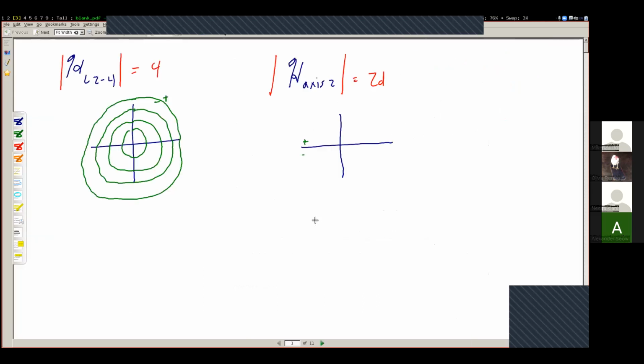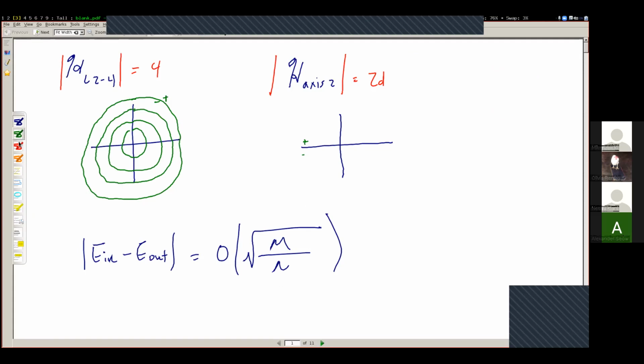And so we have a result that our generalization error, E_in minus E_out, looks something like O of the square root of M over N, like that.